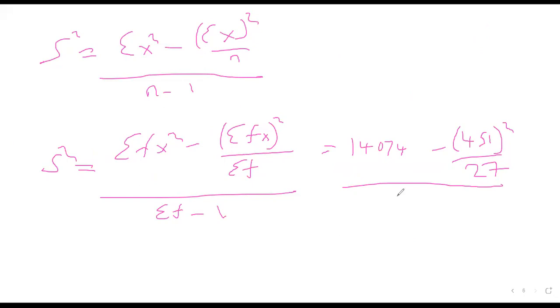Everything over 27 minus 1. What are you getting? Start from here. 451 squared over 27. The answer is subtracted from 14074.